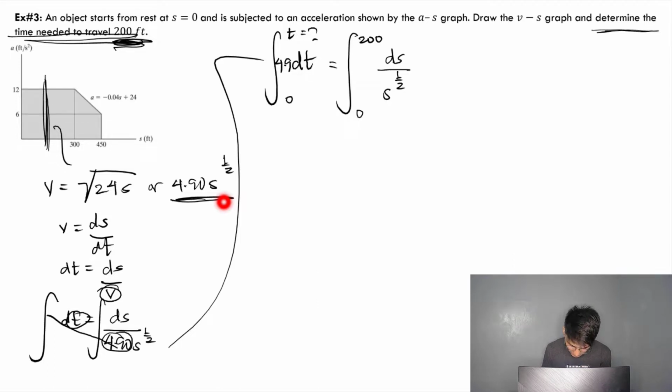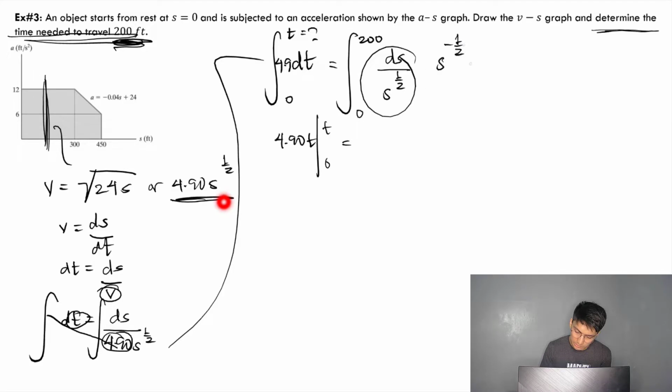So, we have the integral of 4.9 dt is simply 4.9 t na lang, limits from 0 to t, is equal to, lipat ito, mangyari dito, para mas madali, magiging s raised to negative 1 half ds. Para mas madali. And then, mangyari pa sa kanya ulit, we have s negative 1 half plus 1 over negative 1 half plus 1.